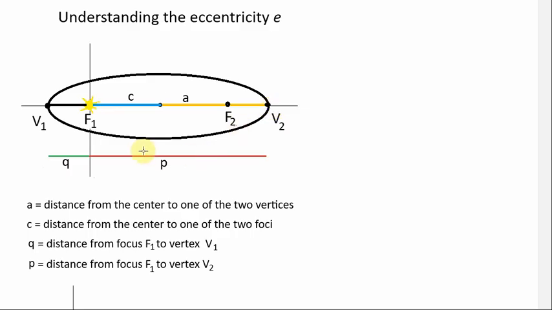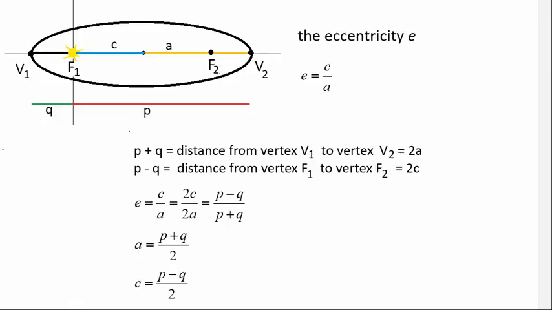And so notice that Q plus P is going to be the distance from vertex 1 to vertex 2, which is 2A. So P plus Q will be the distance from vertex 1 to vertex 2, which is the same as 2A.